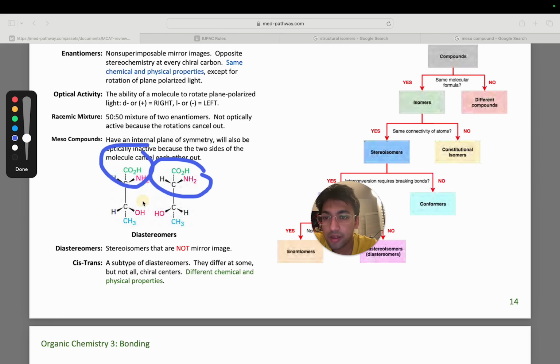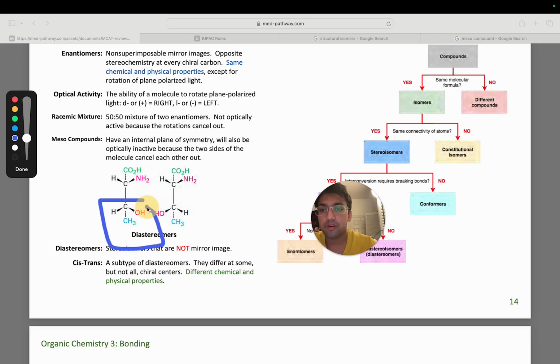But then let's look over here, right? Here we see that this is out of the page, this is out of the page, this is into the page. Same thing here, but these are flipped, right? And you can imagine that this bottom one, if we tried to rotate it, we wouldn't be able to make it look like this. So these are isomers of each other.